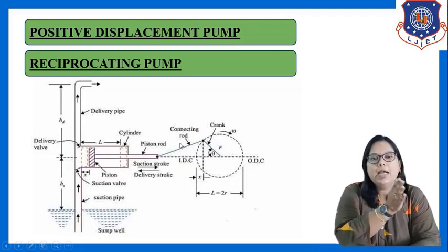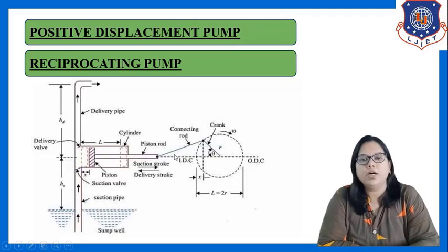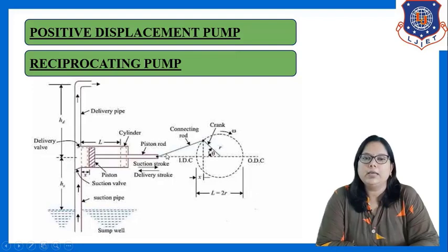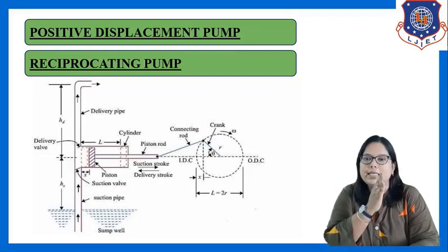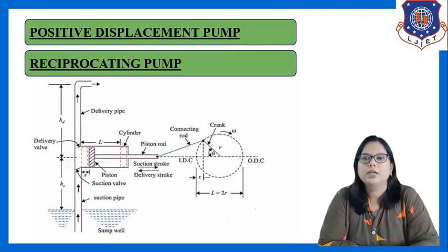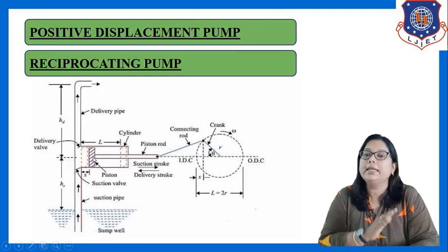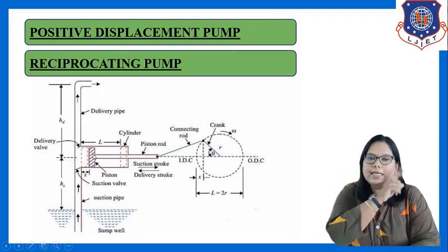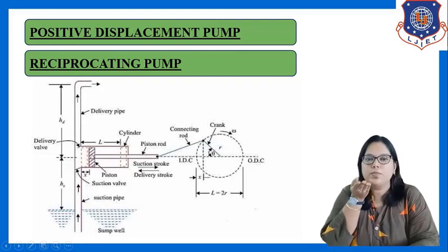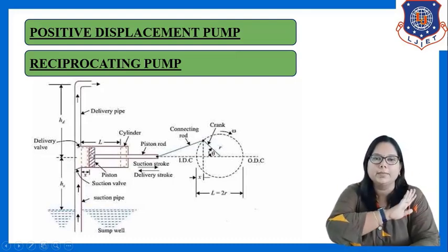Now let us see how this reciprocating pump works. At the starting of the reciprocating pump, the piston is at its extreme left position. That is, it is inside the cylinder. Now this crank rotates from 0 degree to 180 degree.